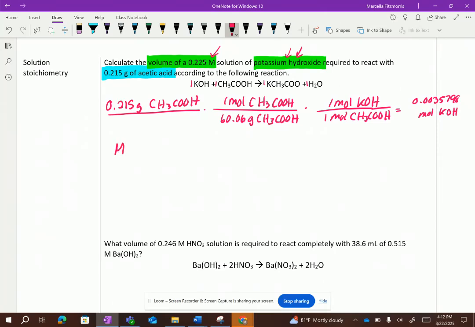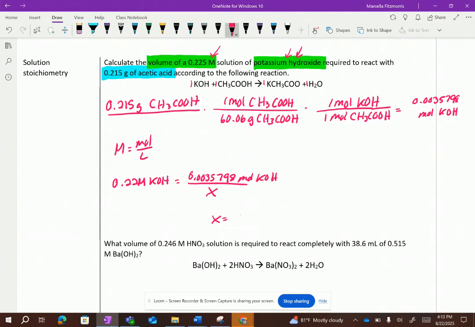All right, now we can use our molarity equals moles over liters to finish this problem. Because they gave us the fact that we had 0.225 molar KOH solution, they wanted to know the volume of that KOH solution, and we just found we had this many moles of the KOH.